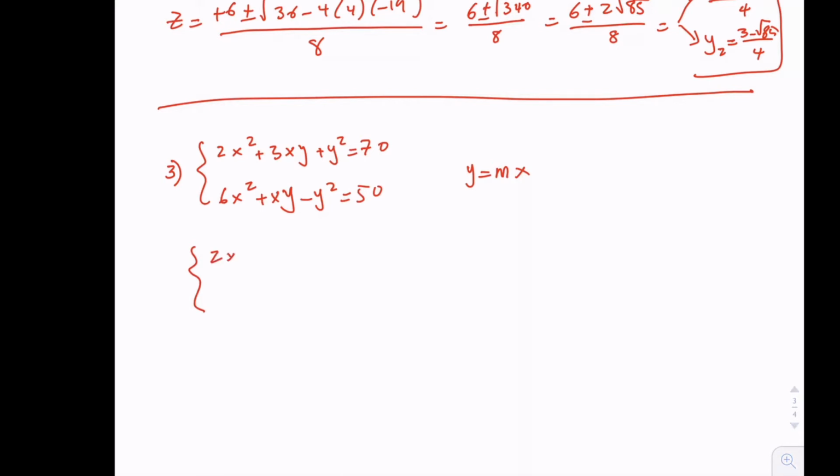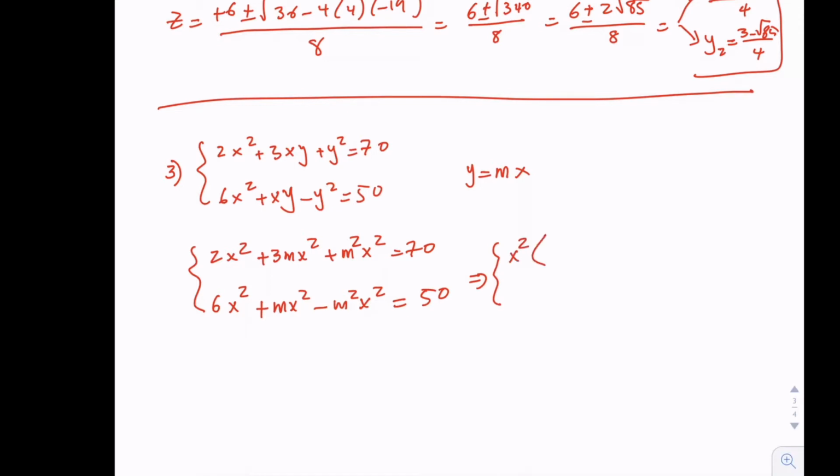And then we replace this into the two equations. So we get 2x squared plus 3mx squared plus m squared x squared equals 70. And then 6x squared plus mx squared minus m squared x squared is 50. So as you can see, now I can factor out x squared from the two equations.